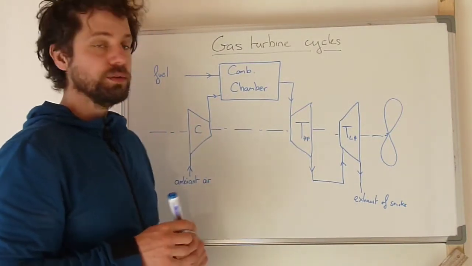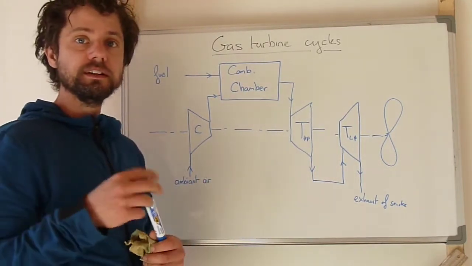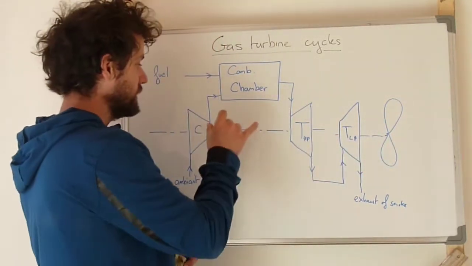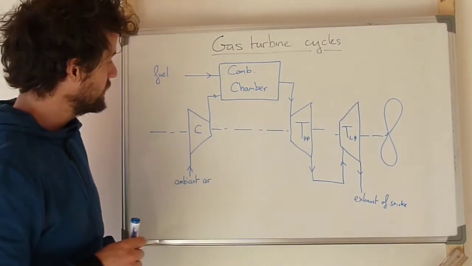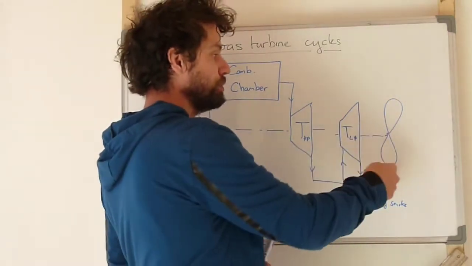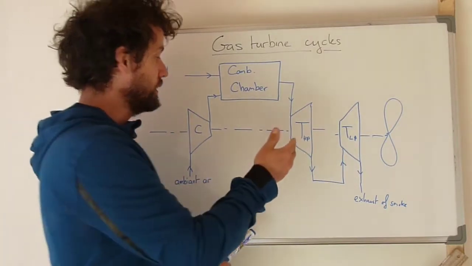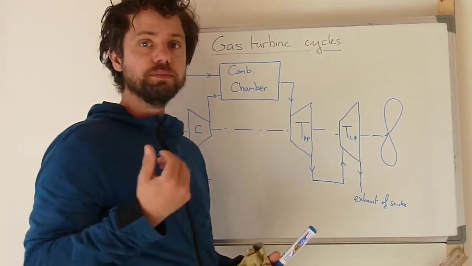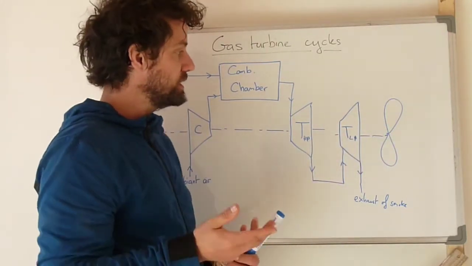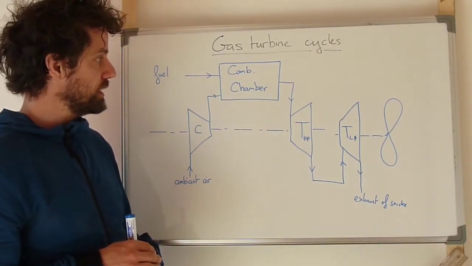And one big advantage we have here is that we can have different rotation velocity for this second shaft than the one we have for this high pressure shaft. And indeed, because the size of the propeller for the propulsion of the airplane is much bigger than, for example, the compressor or the high pressure turbine, we need a lower rotation velocity on this second shaft. So this is possible if we do this kind of thing.